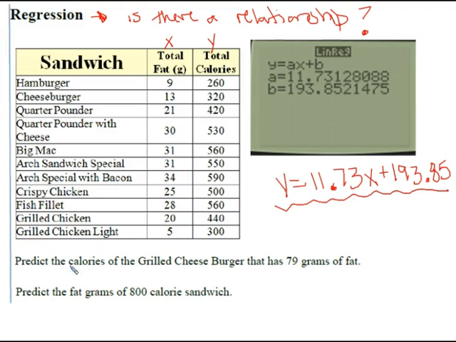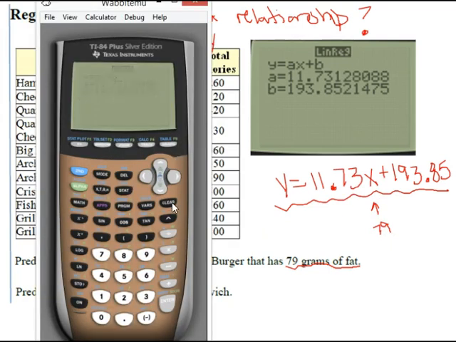So what we want to do is predict the calories of the grilled cheeseburger that has 79 grams of fat. So if this is 79 grams of fat, notice how we said that was an x value. If we put 79 in for x, let's see what we get. So let's clear that out.